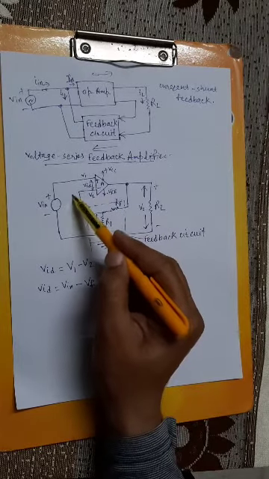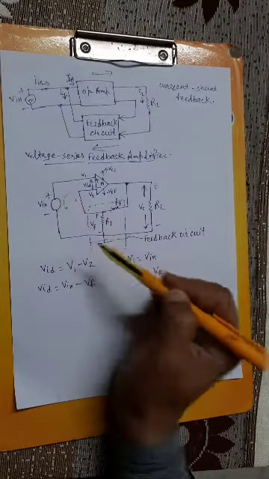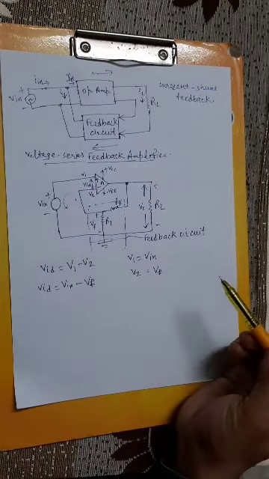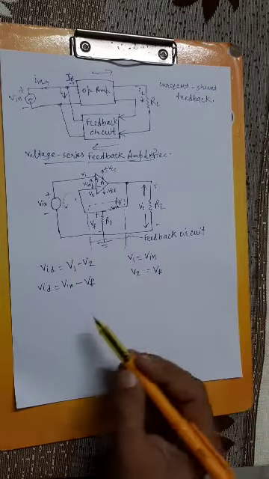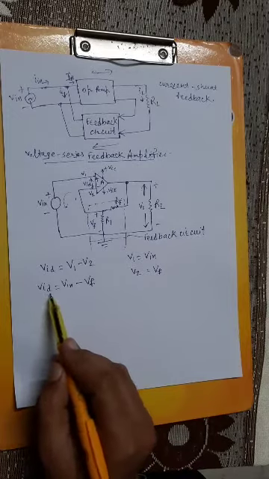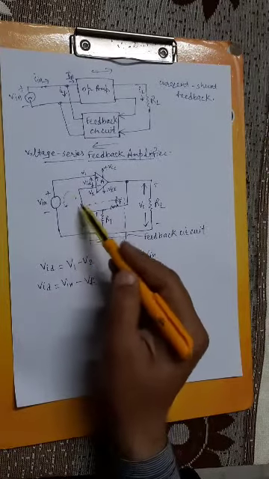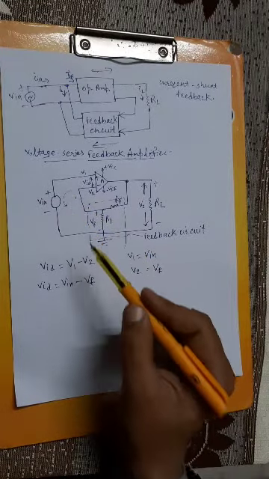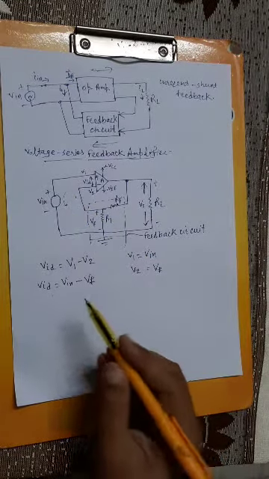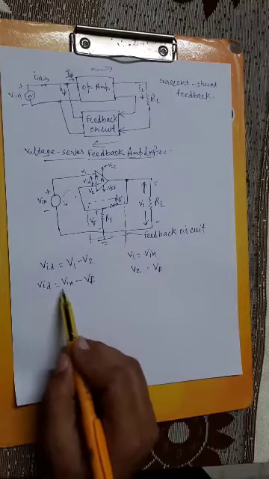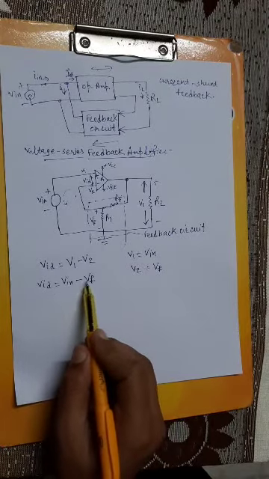If you do the analysis like this, then in closed loop, Vid is equal to V input minus Vf.